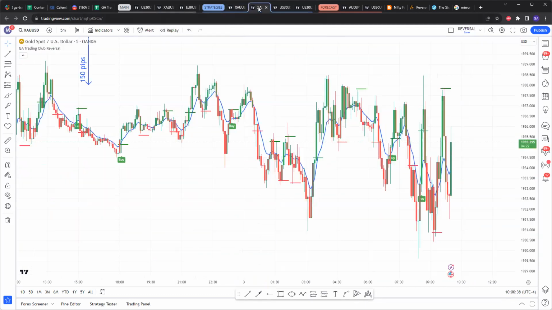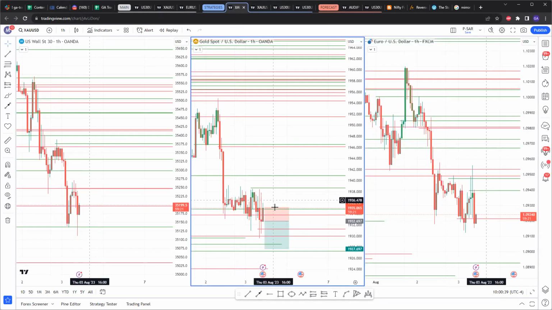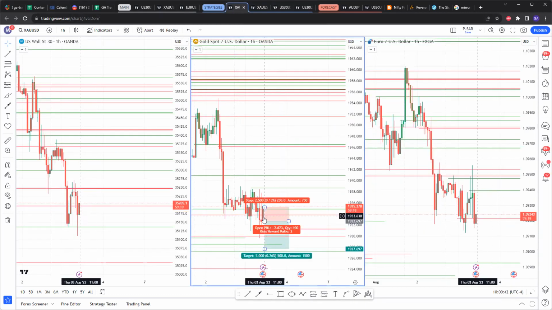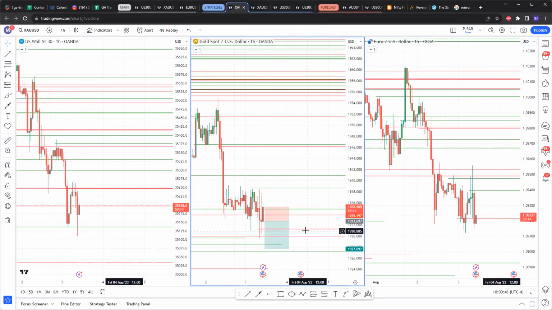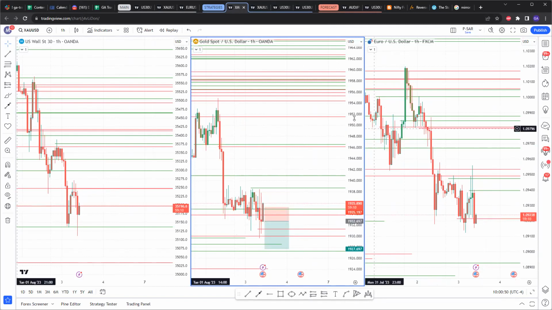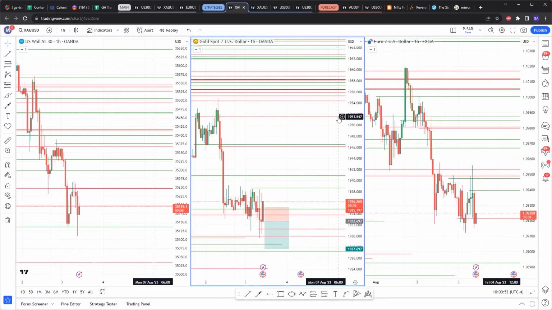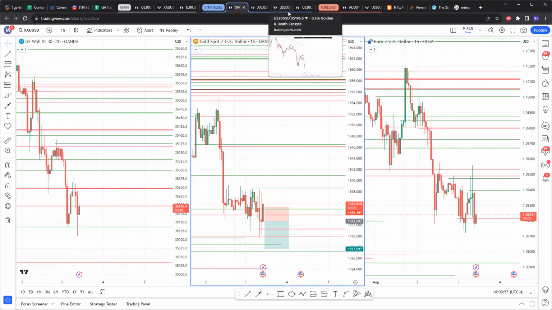If gold comes back down to this 1932.697 area, I will go ahead and enter it on impulse. But yeah, that's just the thing with scalping. Sometimes you can miss a trade or you can just hit stop loss almost immediately.